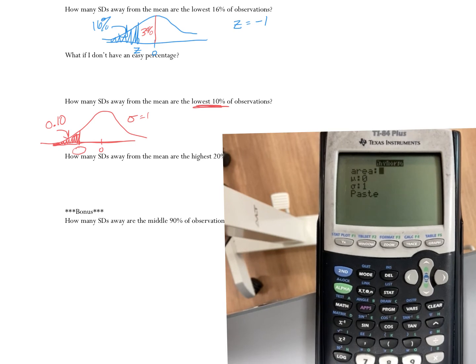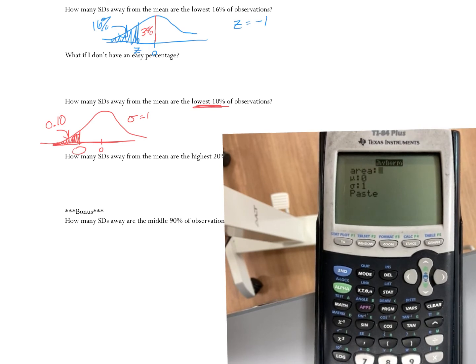Notice that when you choose number 3, inverse norm, it asks you, what's the area? What is our area? 10%. Now, if you put in 10, you're going to get an error. You can't put in anything larger than 1.